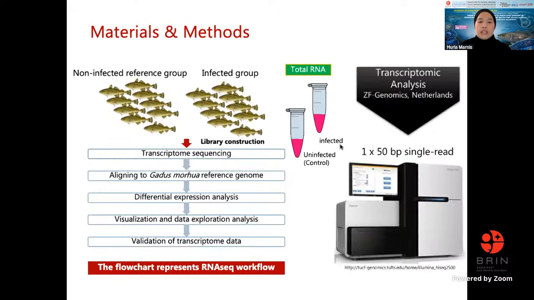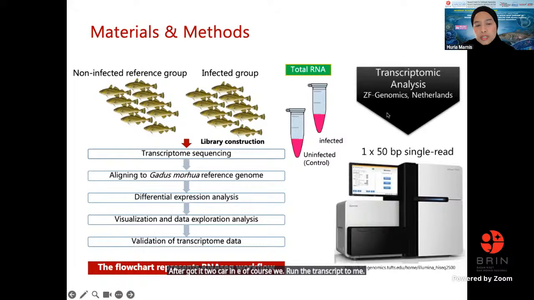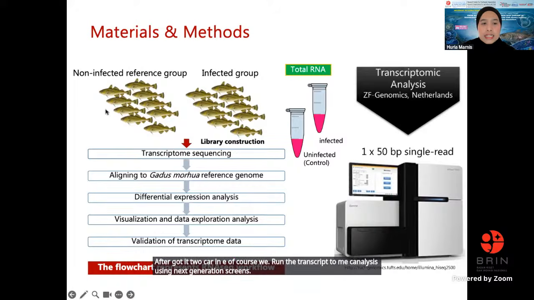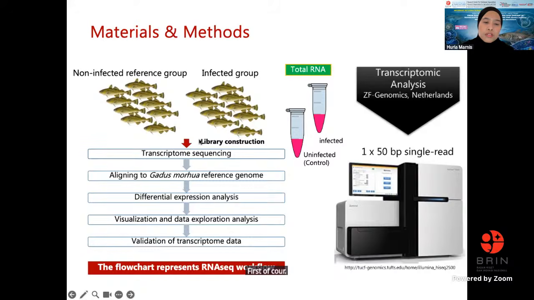After we got the total RNA, we ran the transcriptomic analysis using next generation sequencing. This flowchart shows the RNA sequencing workflow. First we do library preparation, and then we perform the sequencing, and then we align our sequences with the Gadus morhua reference genome and perform differential expression analysis.